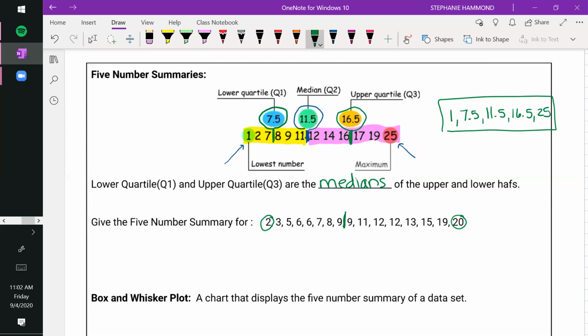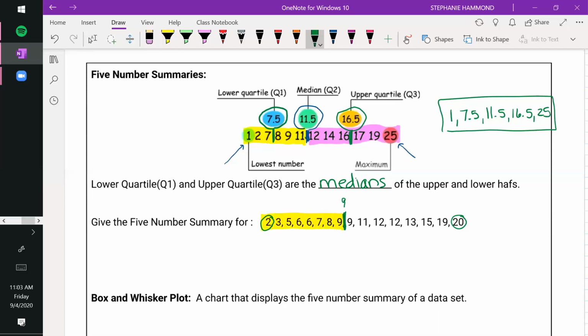So my median is not an actual data point. It could have been an actual data point. But since my median is between these two numbers, 9 and 9, I pick the number that's between them, which of course is just 9. And then we continue. I find the median of the lower half.